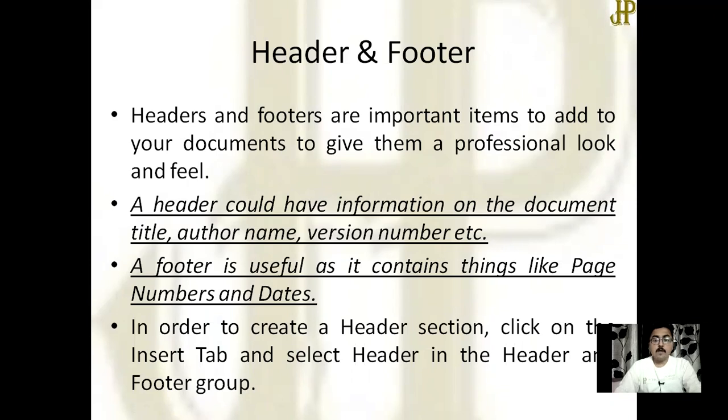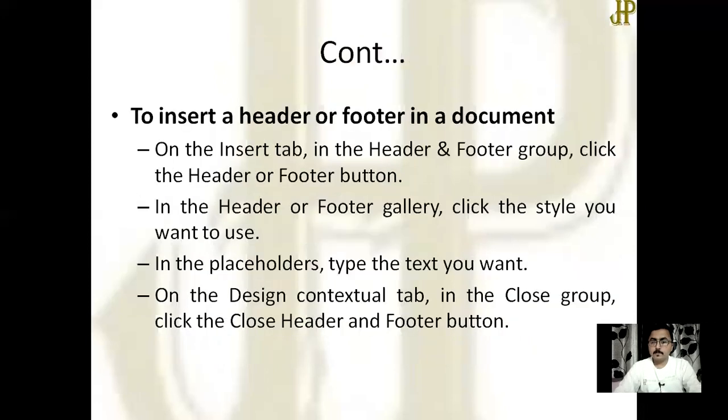A header could have information on the document like title, author name, version of your document, etc. While a footer is useful as it contains things like page numbers and dates. Okay? So the information related to your document will be under the header and footer section.